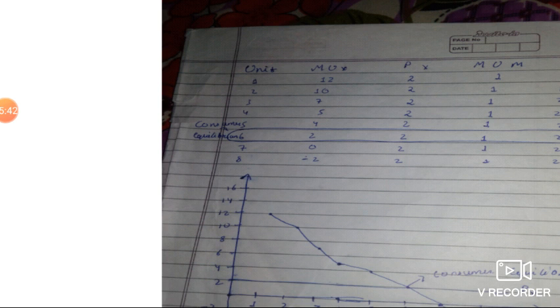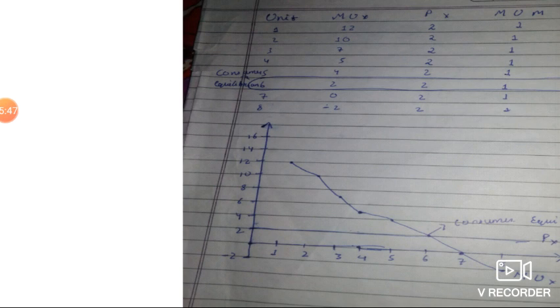And if you make this graph, you will show two axes, the x-axis and the y-axis. On the x-axis you will show only the units, and on the y or vertical axis you will represent two things, PX, the price of the X commodity, and MUX.